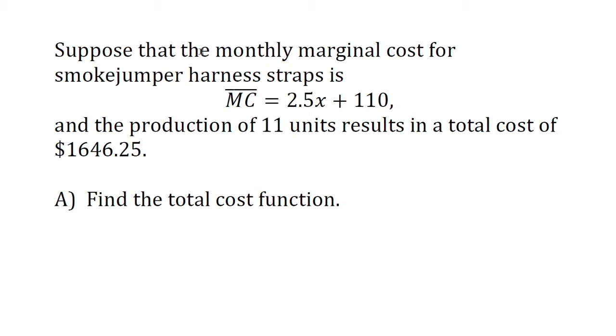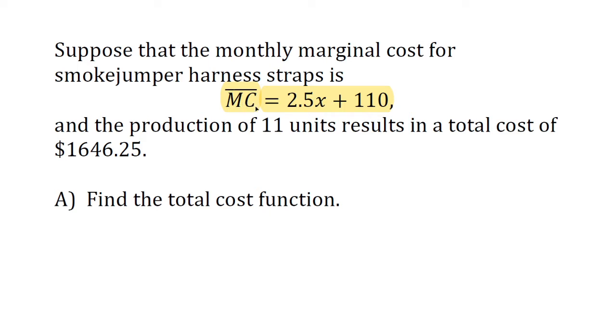So suppose that the monthly marginal cost for smoke jumper harness straps is, MC with the bar here is the symbol for marginal cost function, and that is given here to be 2.5x plus 110. And so x here, this problem is actually missing the explanation of the variable, but x here represents the number of units being produced, because now we're talking about the cost.